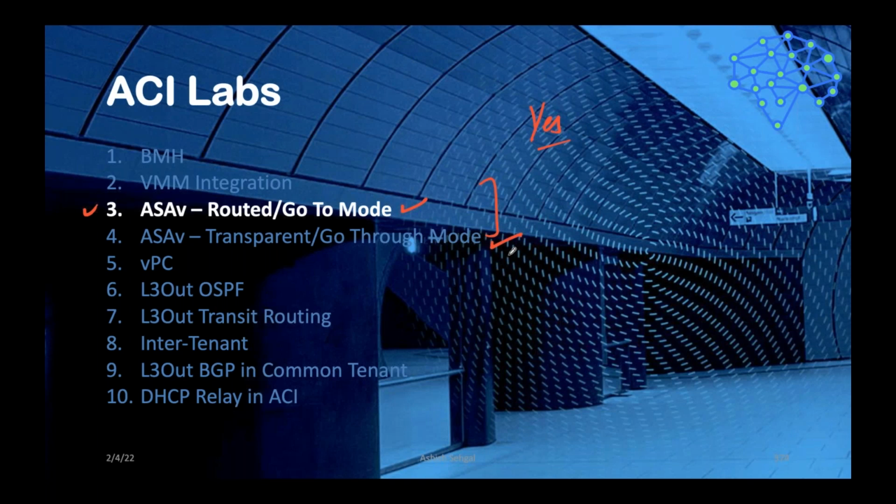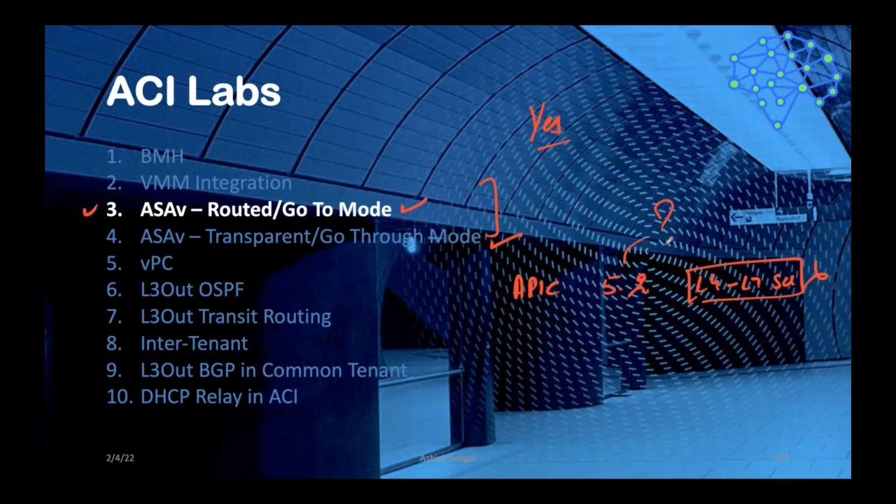Now, let me tell you why I said such a beautiful question was asked by you. The reason is that in APIC version 5.2, the L4 to L7 services tab is being removed. I am in discussion with Cisco with regards to why they have removed it.